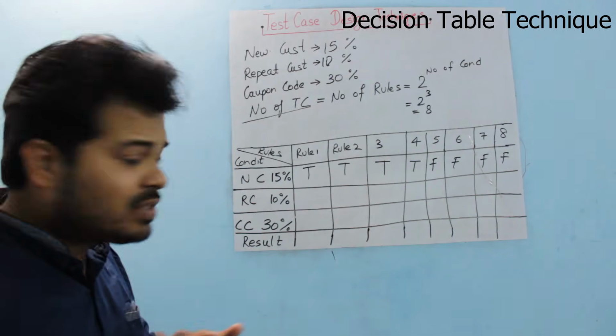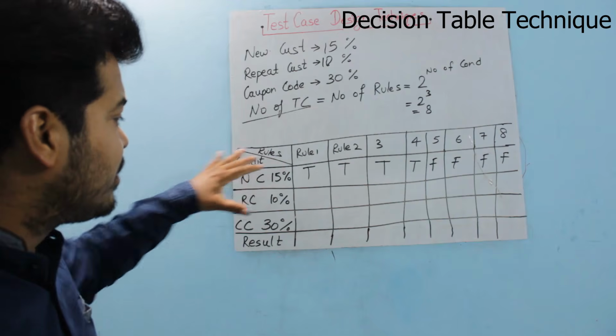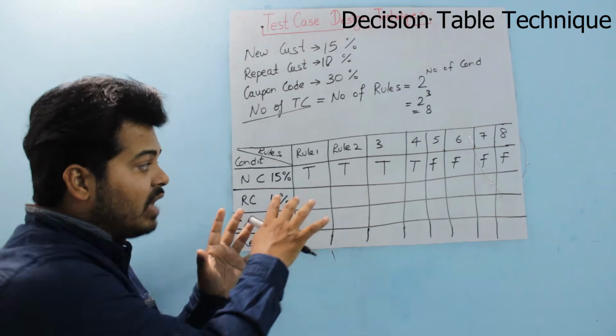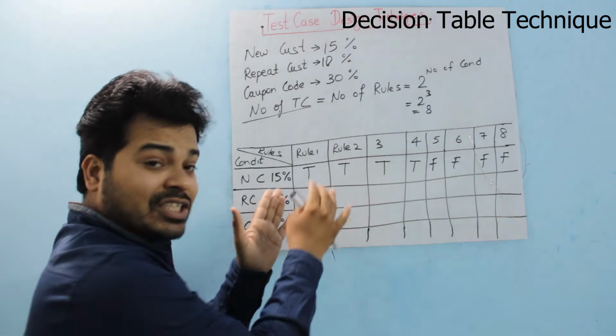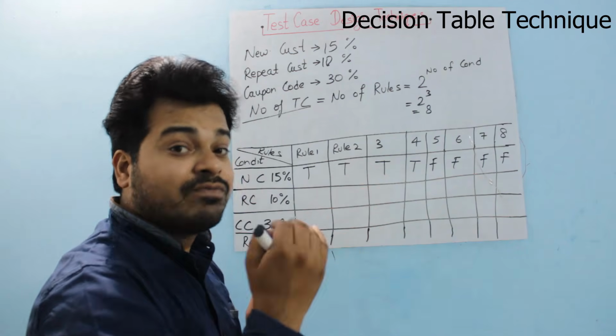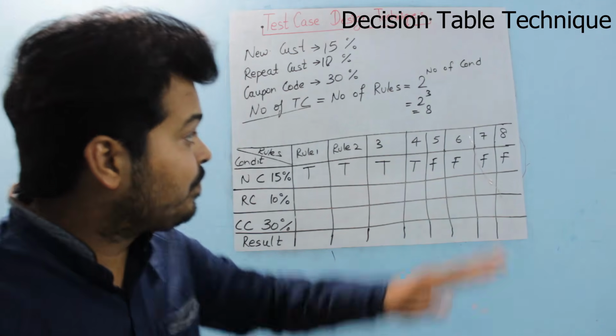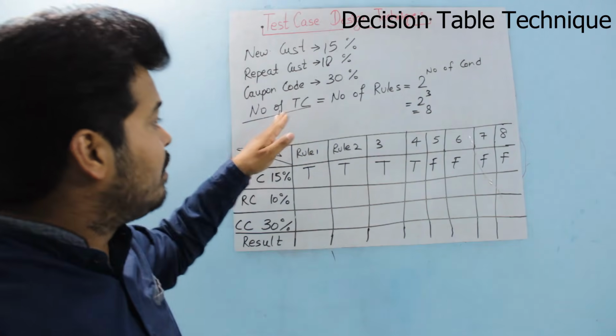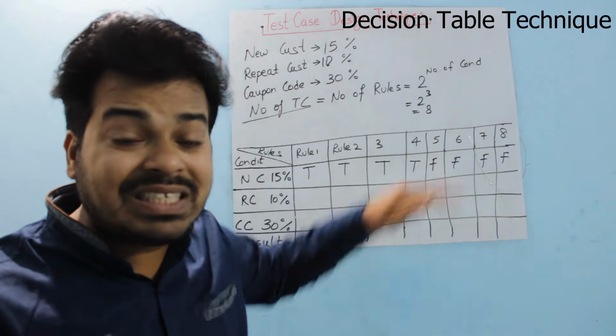Guys, don't get confused. I am combining my rules and conditions. To do that, I have to follow this method. I have written the first 4 as true and the other 4 as false. In case my number of conditions would have been 4, my number of test cases would have been 16.